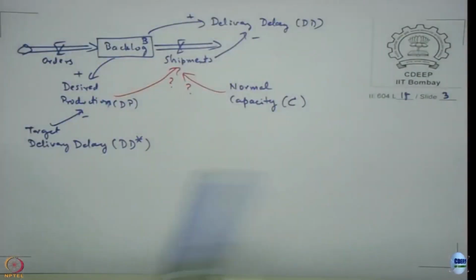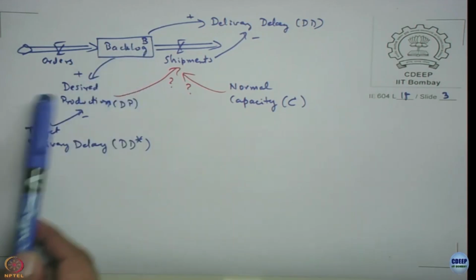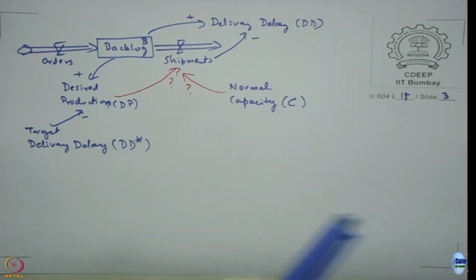How do you measure capacity? The same units as production. Capacity also can be bottles per week, or widgets or SKUs or burgers or pizzas, boxes or cartons, whatever unit you take for backlog. Capacity will also be cartons per time, the same units get followed.